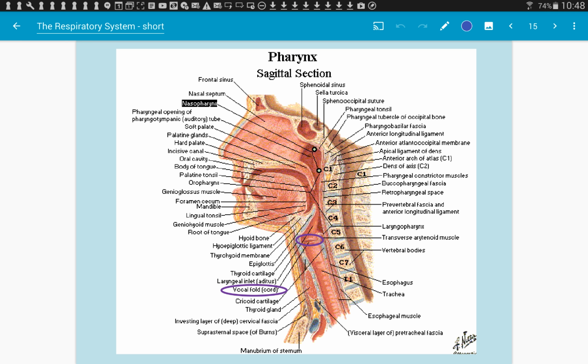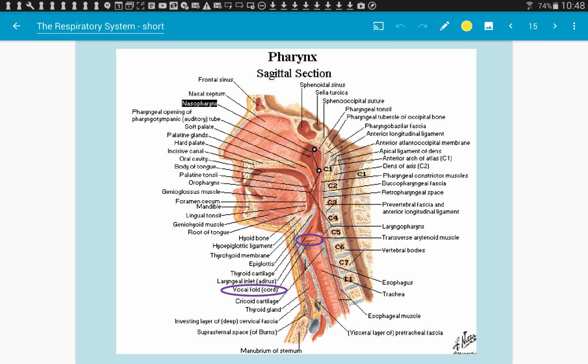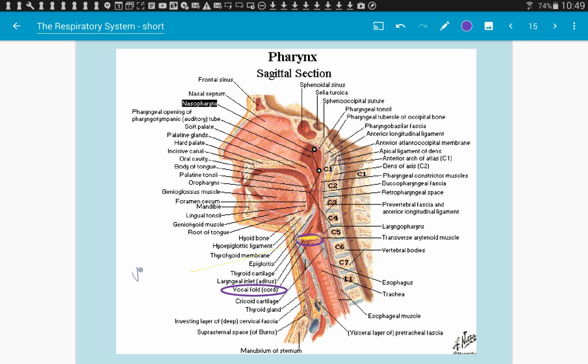So you'll just need to remember that above your vocal fold, I'm going to draw this in so when you're studying you can see that. Above your vocal fold, I'm doing it in yellow, you would have your, what do we call that? Yes, vestibular folds, which help protect the vocal fold.